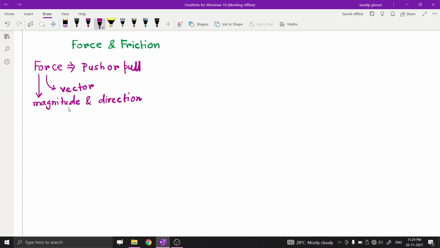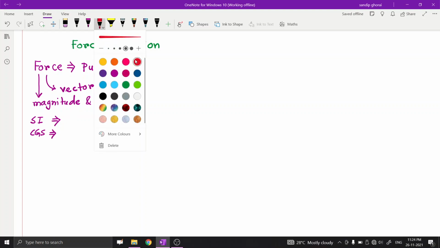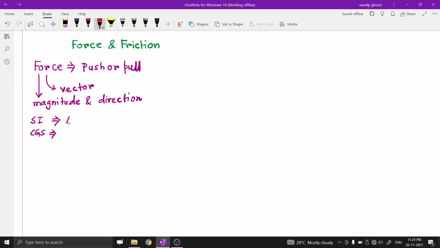And also we have to know what is the unit of force. Actually the SI unit of force is Newton, and the CGS unit is dyne.